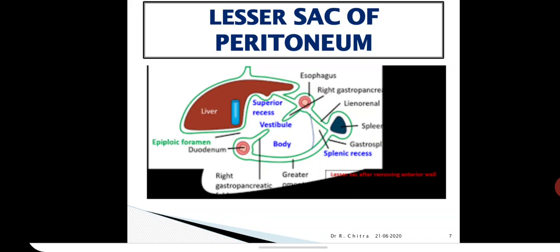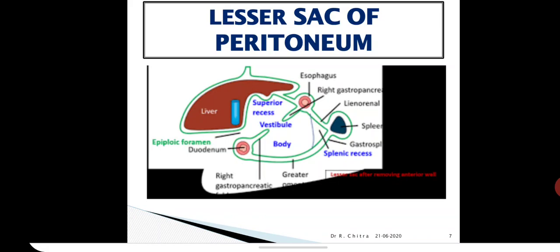So the superior gastropancreatic fold is otherwise called the left gastropancreatic fold. In this image, the uppermost is the left but it is marked as right. So that is the left gastropancreatic fold, formed by the left gastric artery, and the inferior gastropancreatic fold is otherwise called the right gastropancreatic fold, the lower fold which is formed by the hepatic artery.